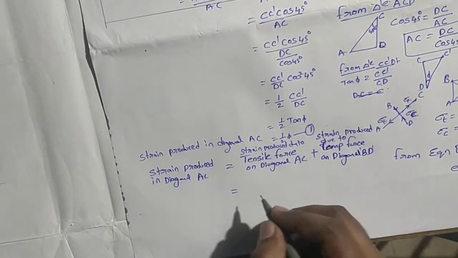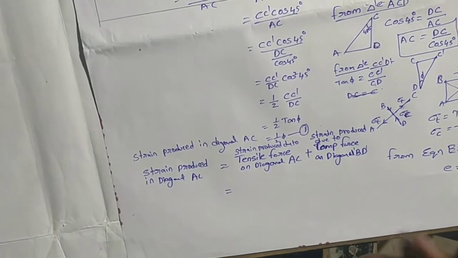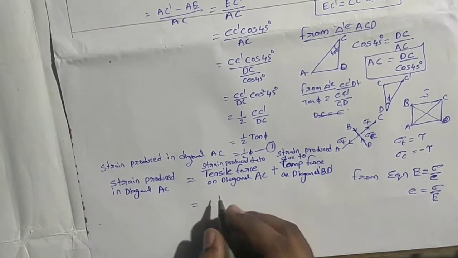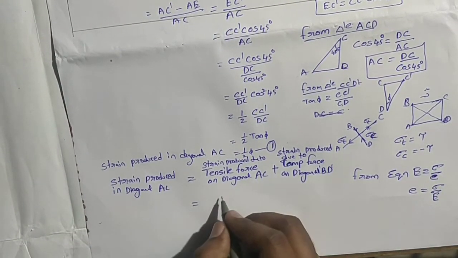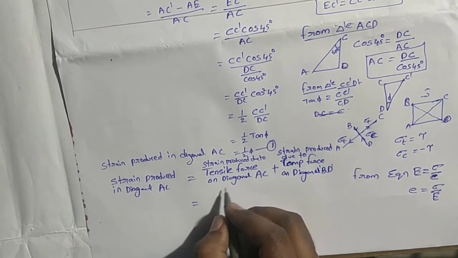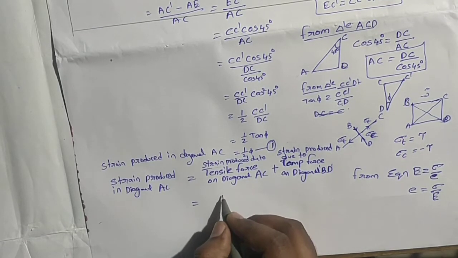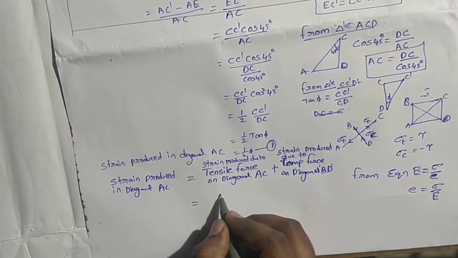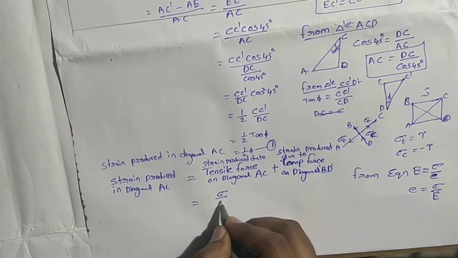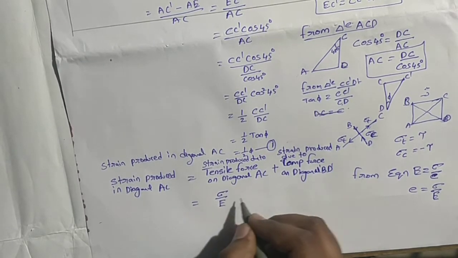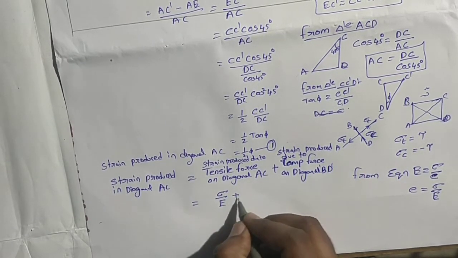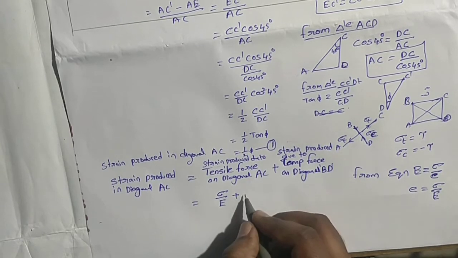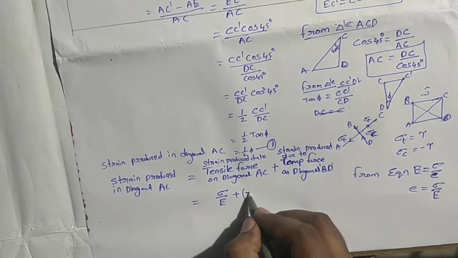That equals to sigma by E, the strain due to tensile force on diagonal AC, plus, here compressive force can be written as minus.